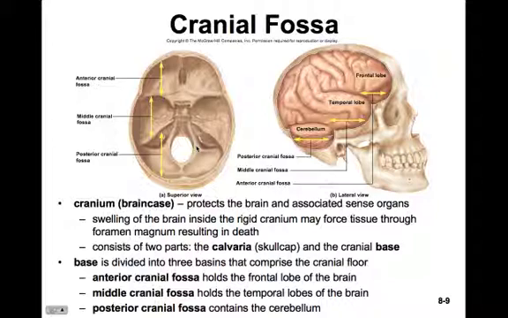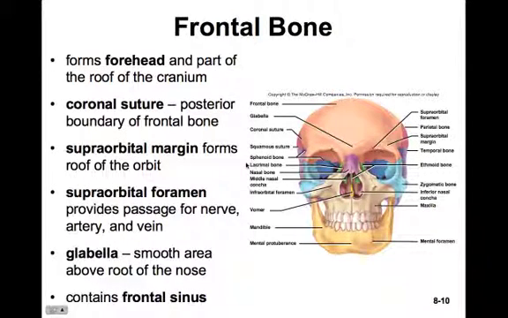So swelling of the brain is very, very dangerous. The cranium consists of 2 major parts. The calvaria, which is the skull cap, and the cranial portion, which is this base where we just examined the different fossae. So let's begin by looking at the first of the 8 cranial bones.